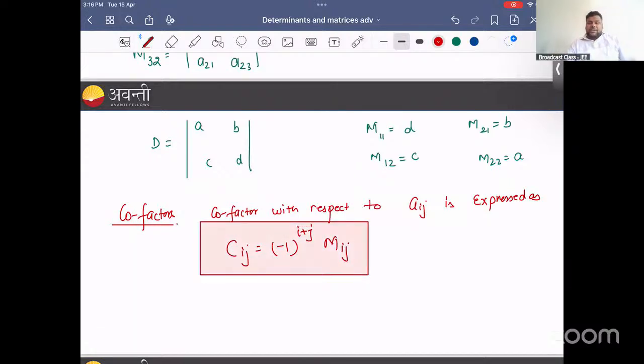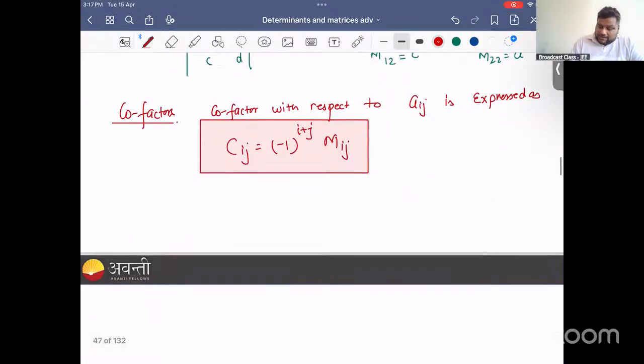Is it fine? There is nothing much difference. The only thing is, while calculating the cofactor, if the sum of suffix is odd, it is the negative of the minor. If the sum of suffix is even, it is equal to the minor. Like C11 is M11, but C12 is minus of M12.